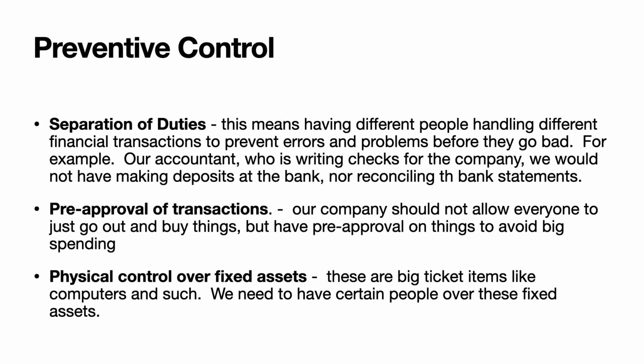Pre-approval of transactions: our company should not allow everyone to just buy things, but have pre-approval, especially for big ticket items. Physical control over fixed assets, like computers, means we need to have certain people over those fixed assets for control.